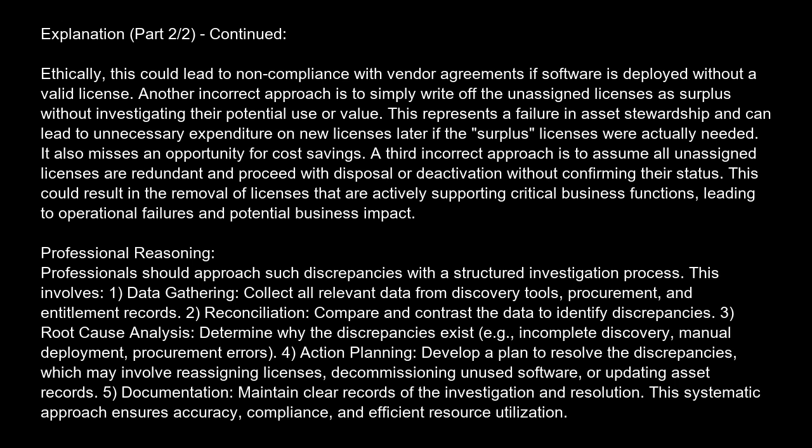Action planning. Develop a plan to resolve the discrepancies, which may involve reassigning licenses, decommissioning unused software, or updating asset records. 5. Documentation. Maintain clear records of the investigation and resolution. This systematic approach ensures accuracy, compliance, and efficient resource utilization.